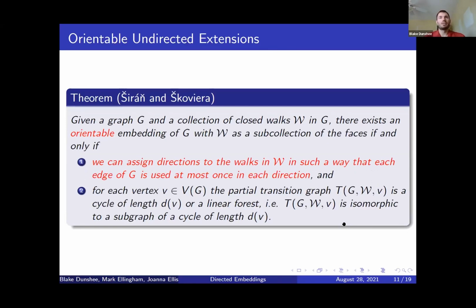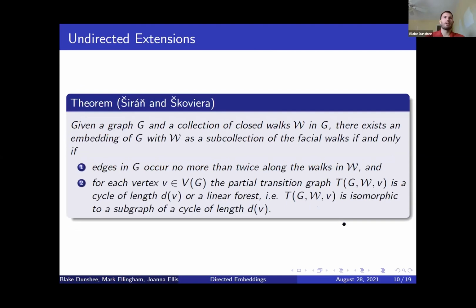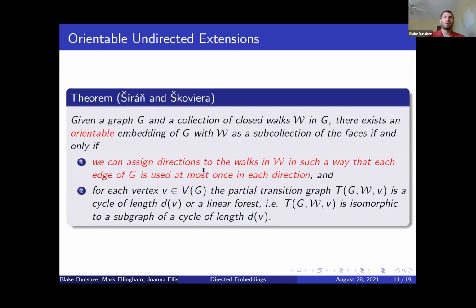If you additionally want to be able to find an orientable embedding, there is one main thing that changes here. So instead of just caring that edges occur no more than twice along the walks in W, we need to be able to assign directions to the walks in such a way that every edge is used at most once in each direction, because we eventually want to be able to establish an orientation, meaning that we need to be able to assign directions to the faces.